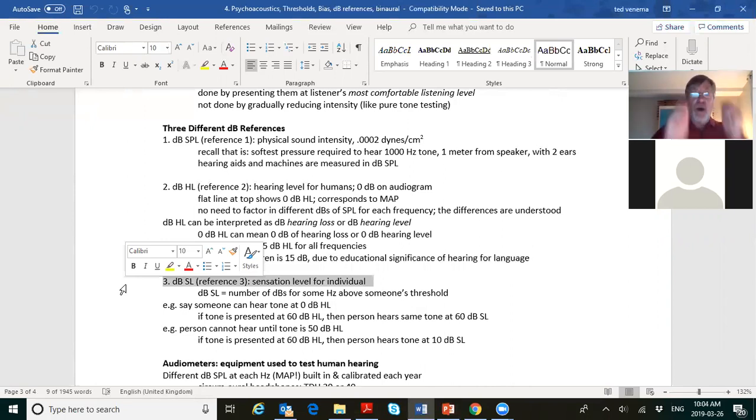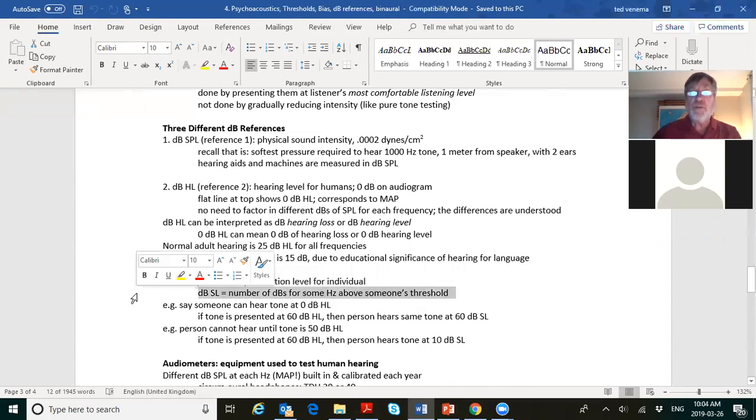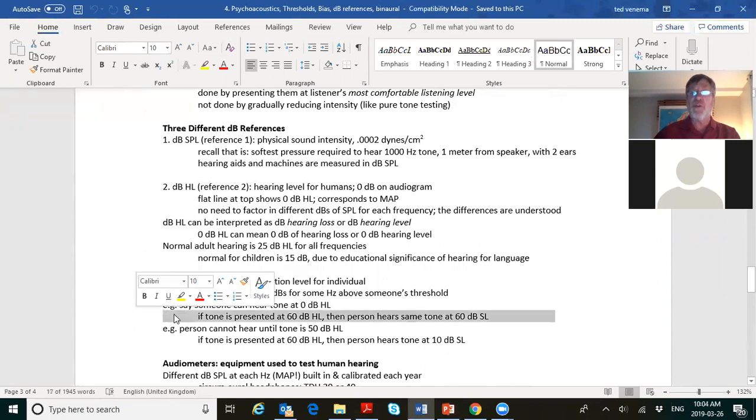It's the number of decibels required for you in particular to hear something above your threshold. Let's say, for example, someone can hear a tone down to 0 decibels hearing level. If that tone is presented at 60 decibels hearing level, then you hear it at a sensation level of 60.